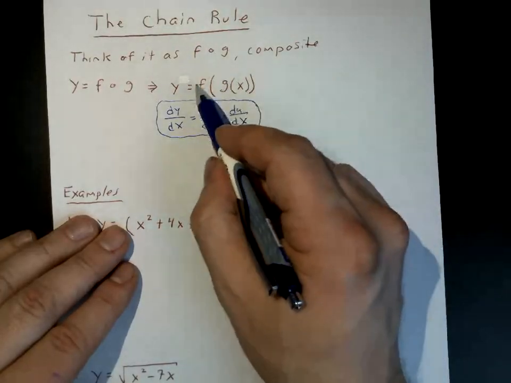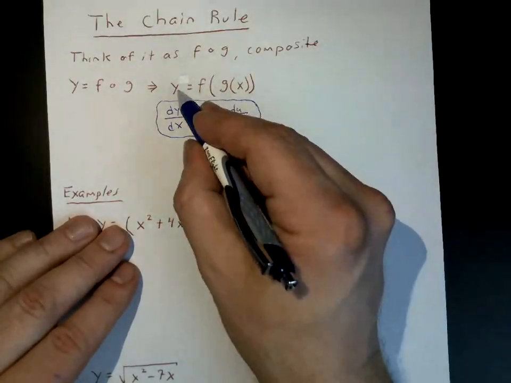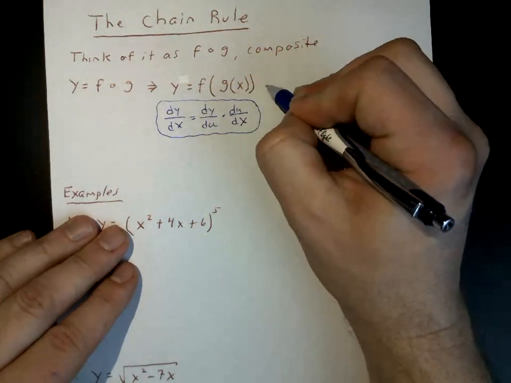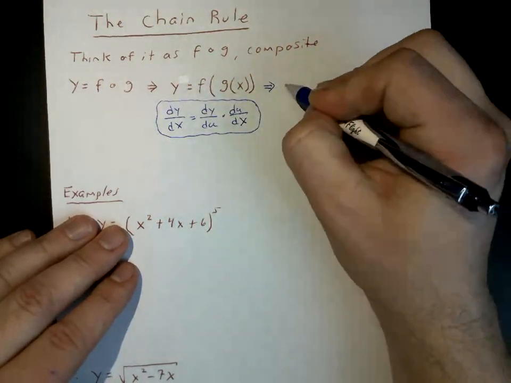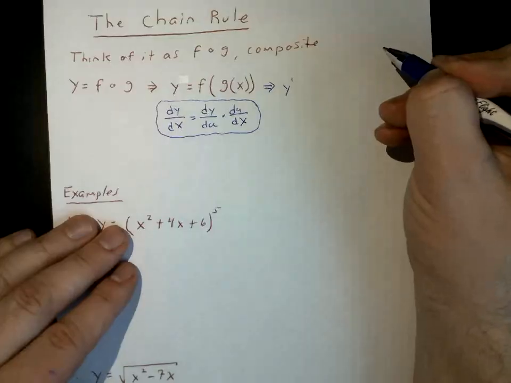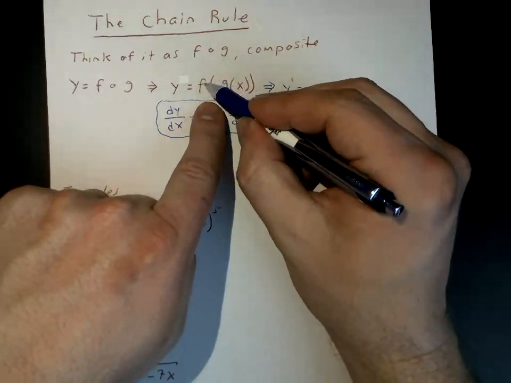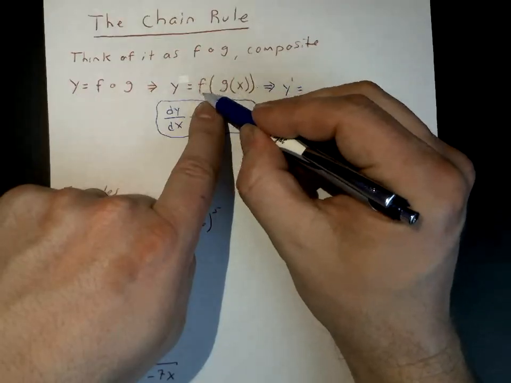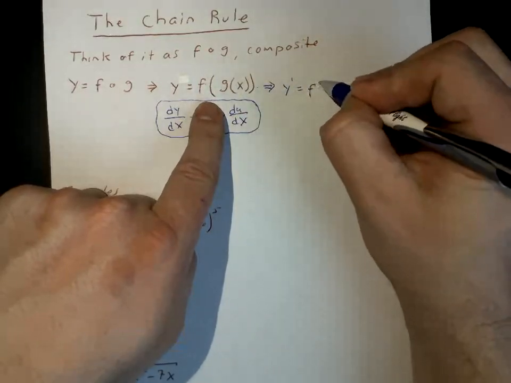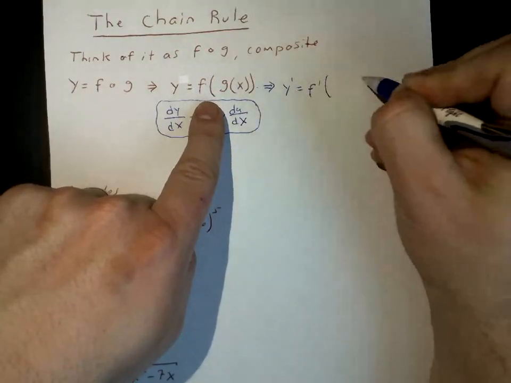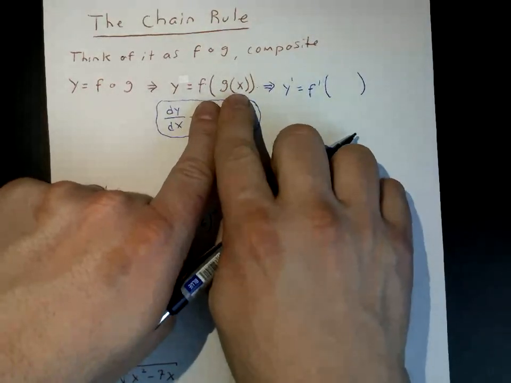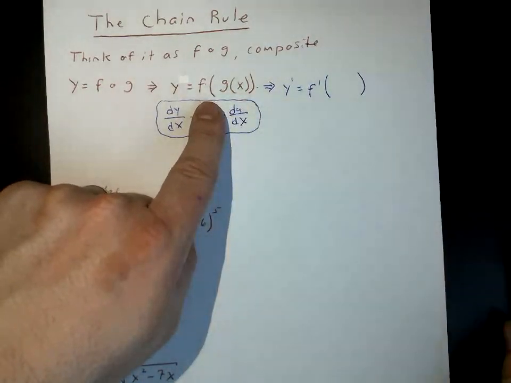But anyway, to familiarize with this, if you take the derivative of this composition, you're going to have that y prime is equal to, well, you take the derivative of the outside, which is f. So you're going to go f prime. And then what you're going to do is keep the stuff inside, so like your g of x.